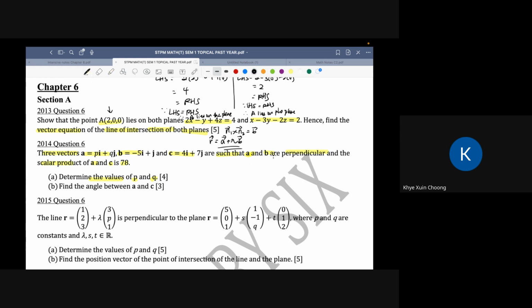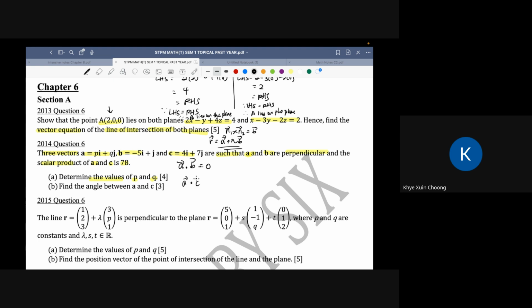What does it mean? It means that A dot B equals 0. So you can use this property to get one equation, because you have two unknowns, P and Q.